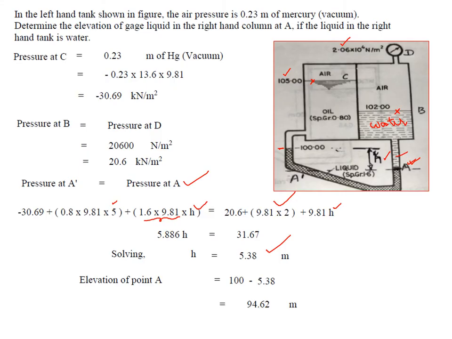So in the previous case it was exposed to atmosphere, here actually pressure is given, which is measured by this gauge, and so that becomes the air pressure on point B. And here also the air pressure was given, and it was given as negative pressure. So therefore we have taken minus 0.23 meters of mercury, which was converted to kilonewton per meter square units. So very interesting problem. You are using the same concepts only, we are writing the equations.